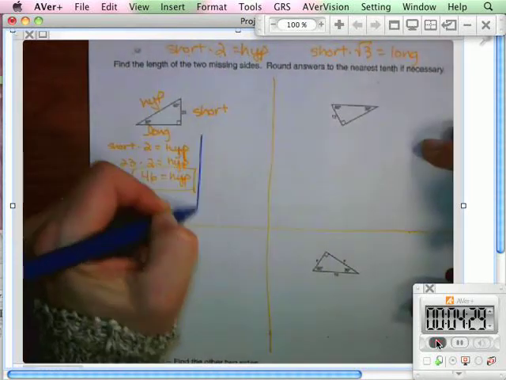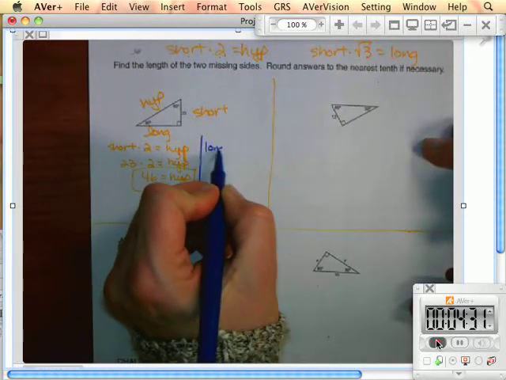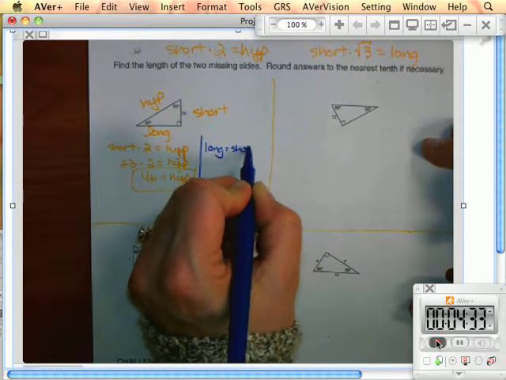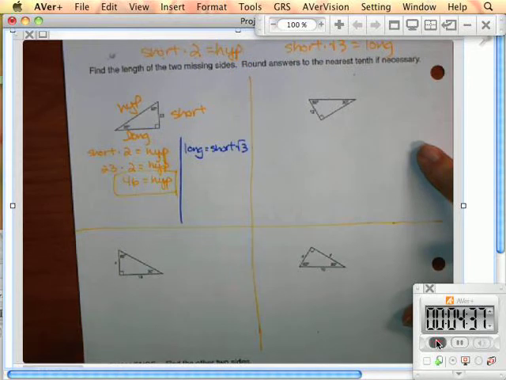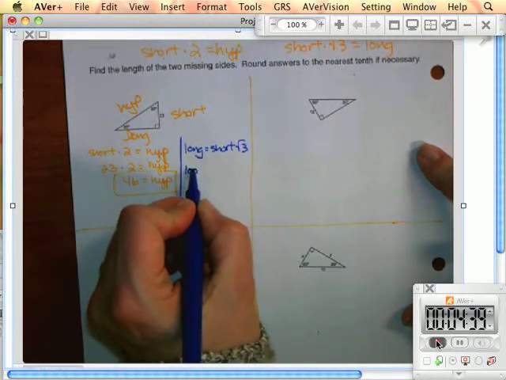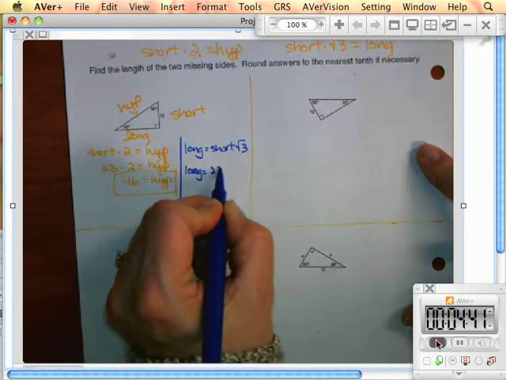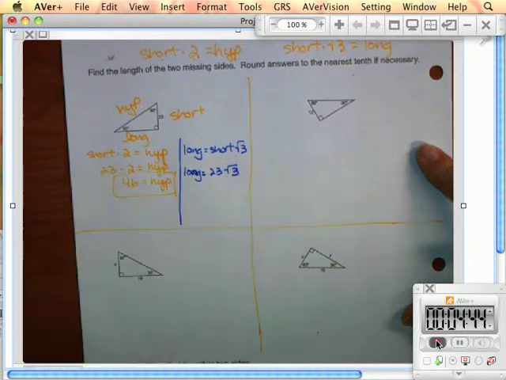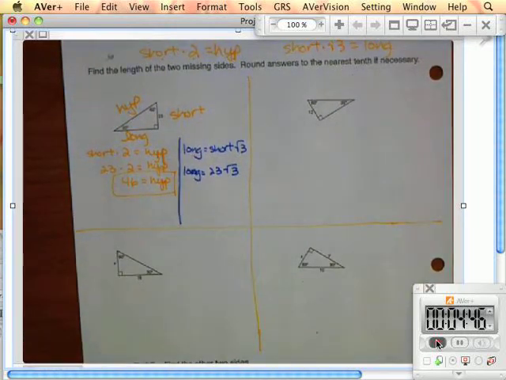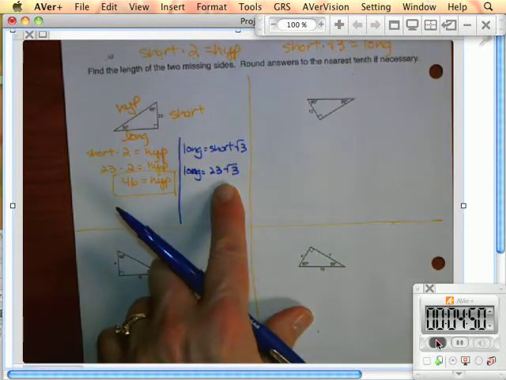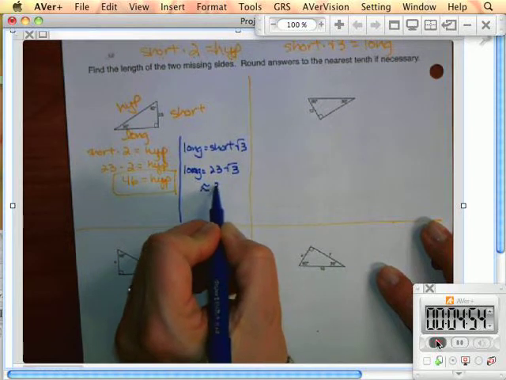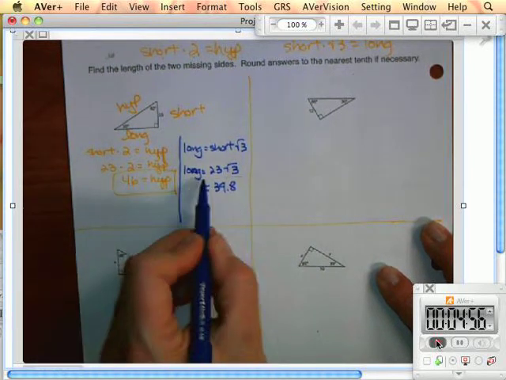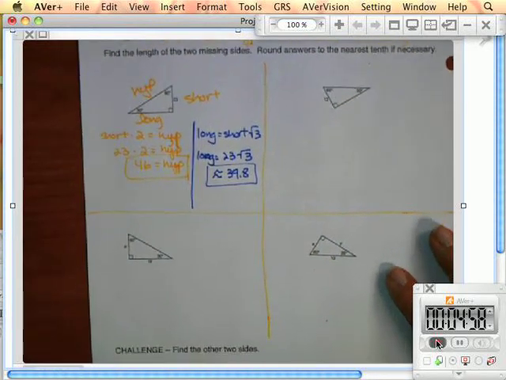Long equals the short times the square root of 3, so long equals 23 times the square root of 3. It told me to round to the tenth, so I go to the calculator. It's approximately 39.8.